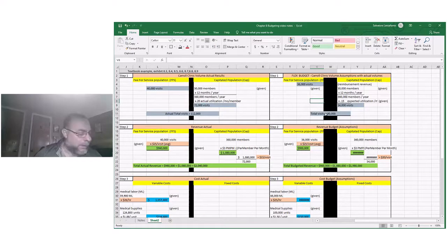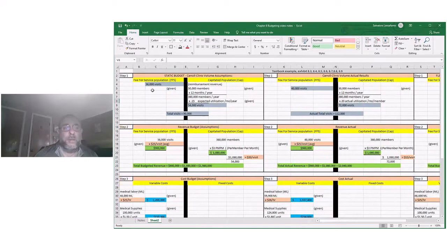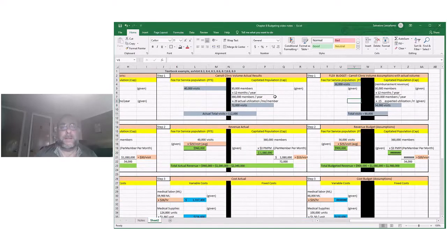So what we're going to do now is say, what if we use actual visits, not original guessed visits? So this will end up being the same. All right, so 40,000.